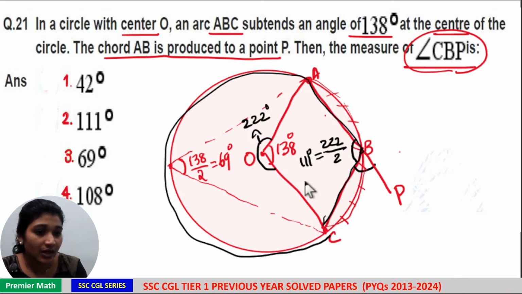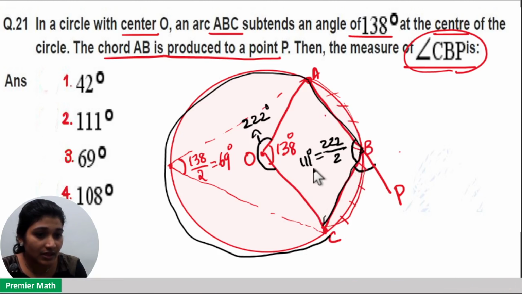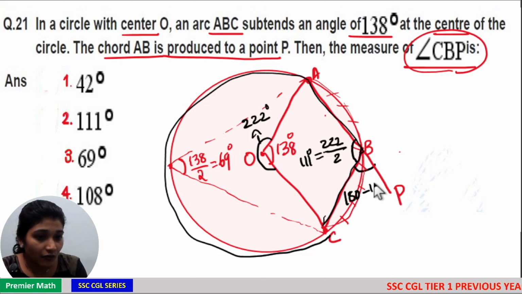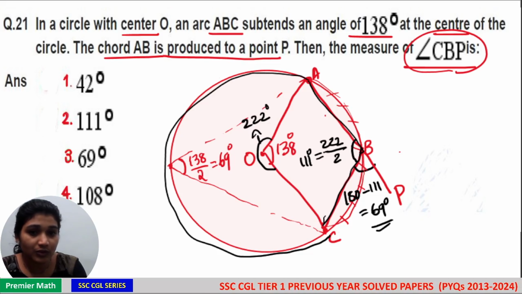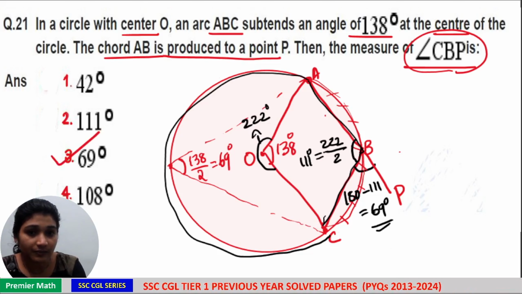Now, if this ABC is equal to 111 degree, then CBP equal to 180 minus 111, which is equal to 69 degree. So, option 3 is your answer.